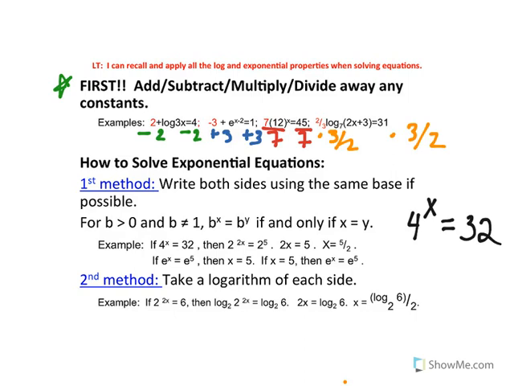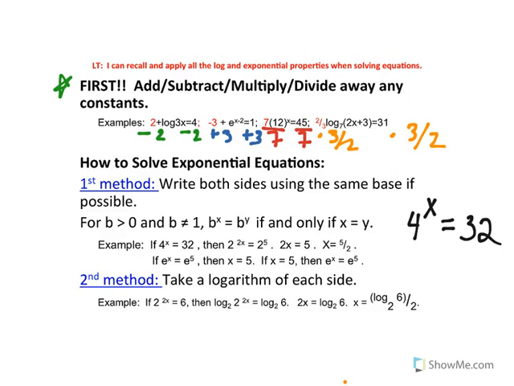On the right-hand side, I've got 32 to the 1 power as a base. Those are not the same. And I cannot rewrite 32 with a base of 4. 4 to the 1 power is 4. 4 squared is 16. 4 cubed is 64. We skip right over 32. So I can't rewrite 32 with a base of 4.